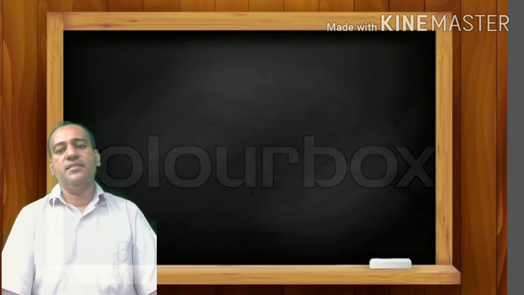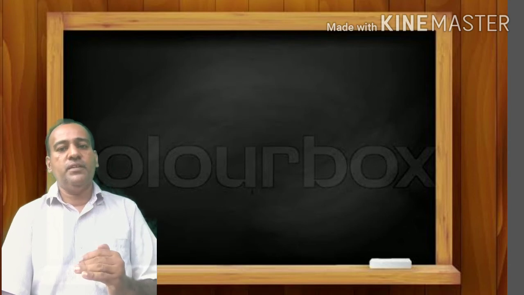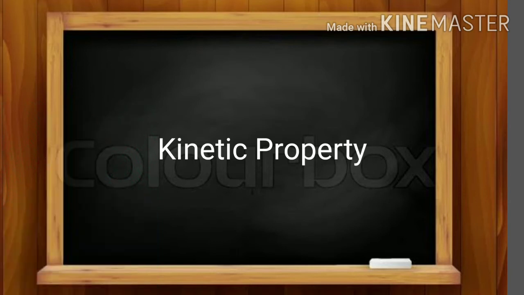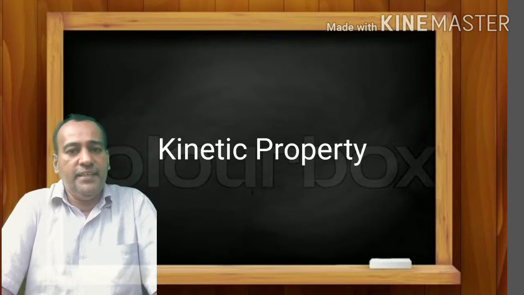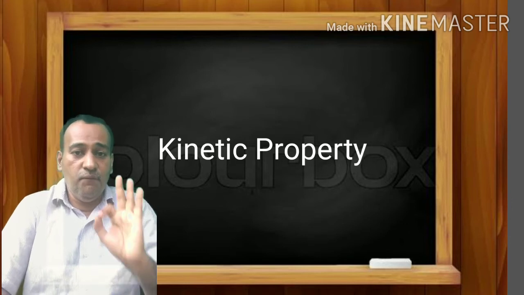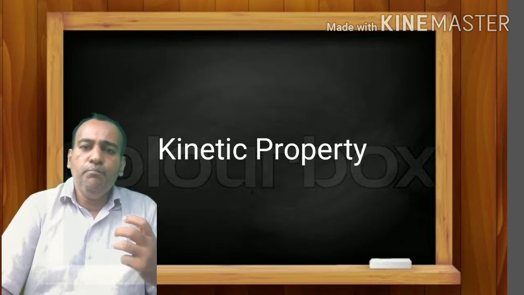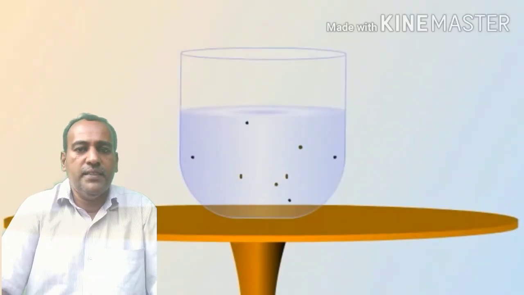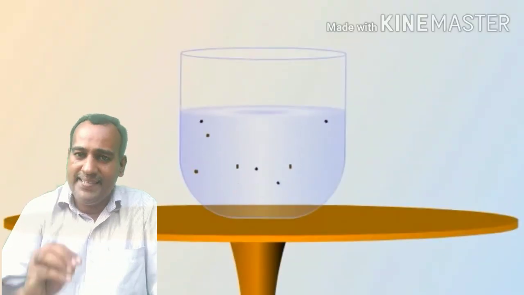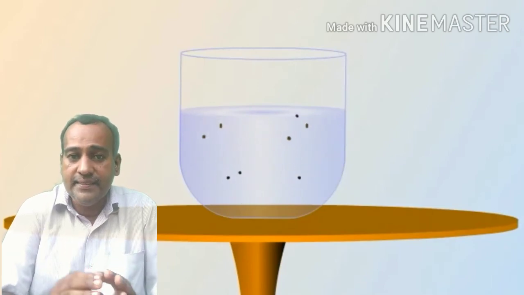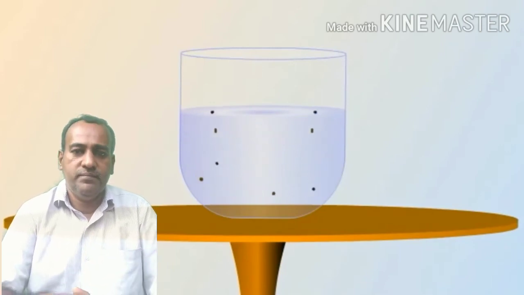Now we are going to discuss the second property of colloids, that is, kinetic properties. When colloidal solutions are viewed under a very powerful ultramicroscope, the colloidal particles always exhibit ceaseless zigzag random motion.